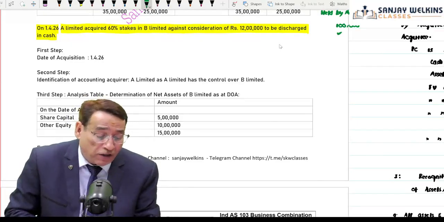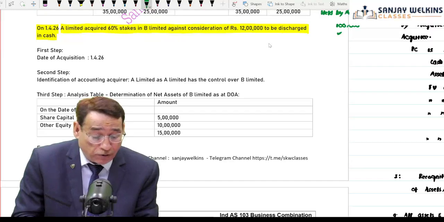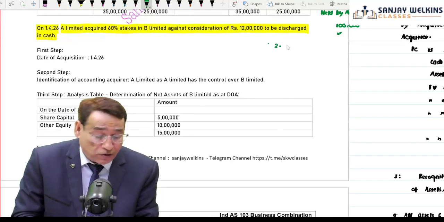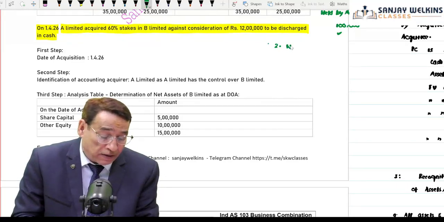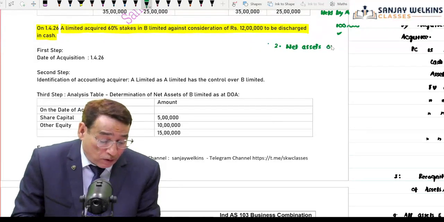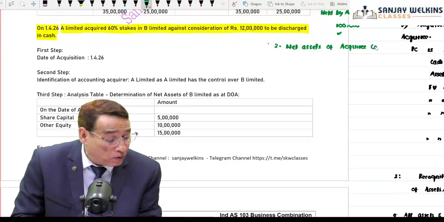So after having done with the first step, your next step will be step number 2. Under step number 2, you always try to find out the net assets of the acquiring company.